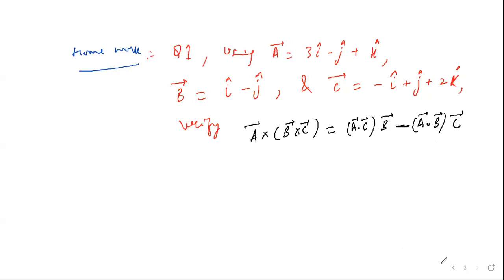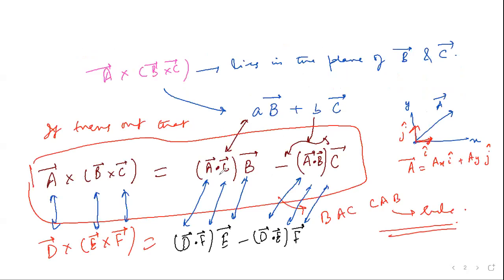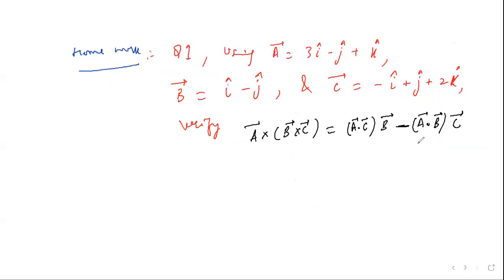Am I right? This is B and C, here we have A dot C minus A dot B.